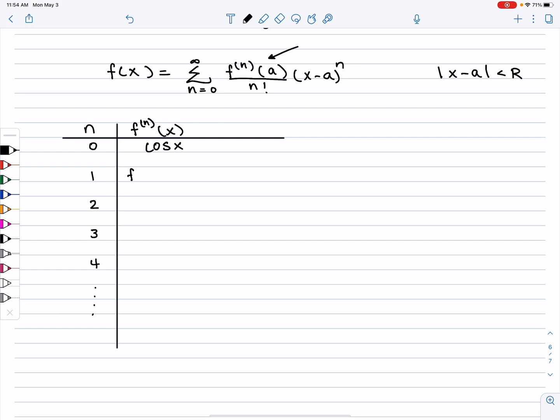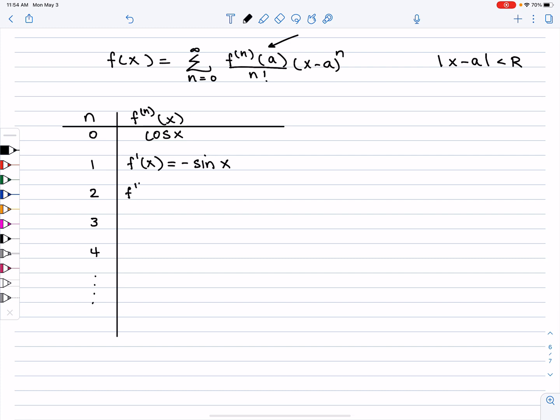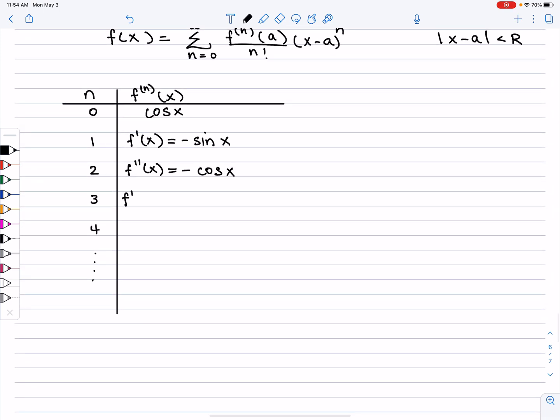So f prime of x is going to be equal to negative sine of x. F double prime is equal to, the derivative of sine will be cosine, so we have a negative cosine of x. And then f triple prime will be equal to, the derivative of cosine is negative sine, and that negative brings us to sine of x.